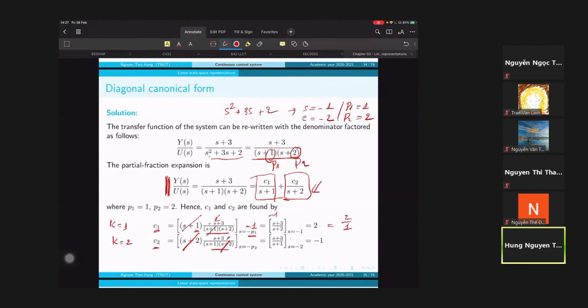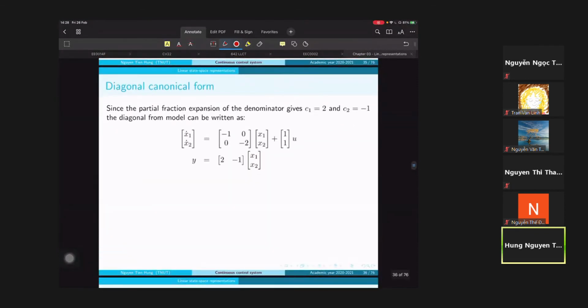We got (s plus 3) divided by (s plus 1), and we replace s by -2. So we got -2 plus 3, we got 1, and -2 plus 1, we got -1. So finally, we got -1. So we find that C1 equals 2 and C2 equals -1.